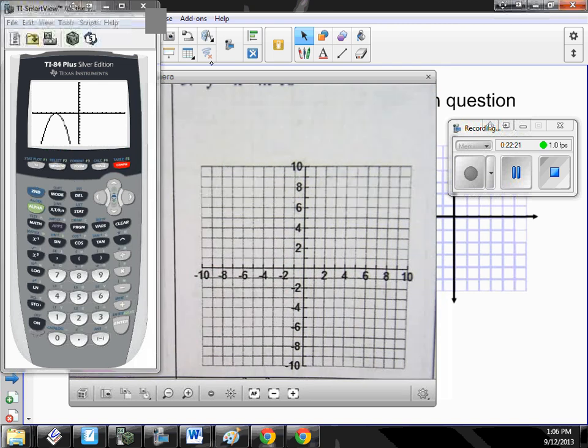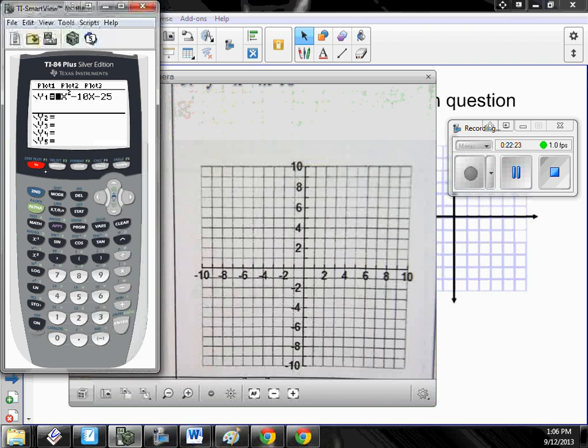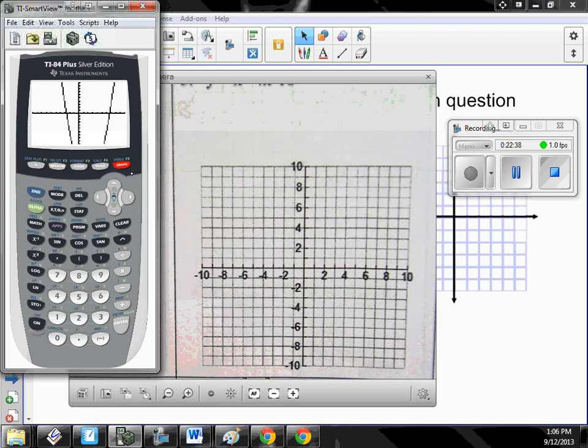So x squared minus 4x minus 18. So this graph is broken into 3 sections. 2 of those sections are positive, and 1 of those sections is negative.